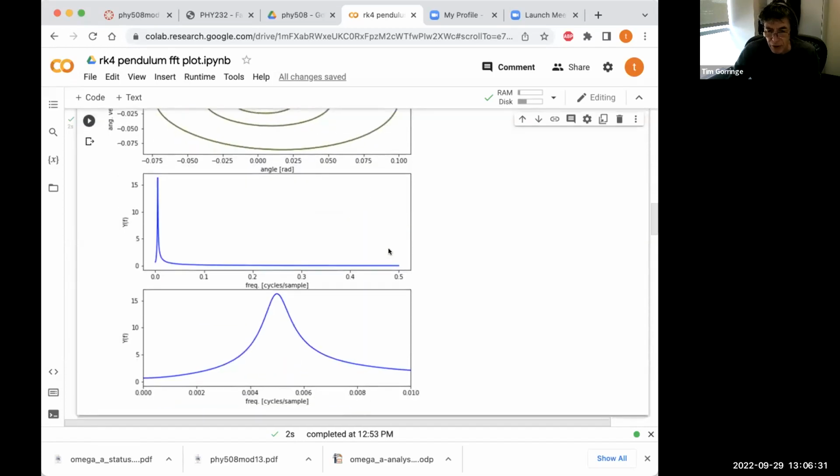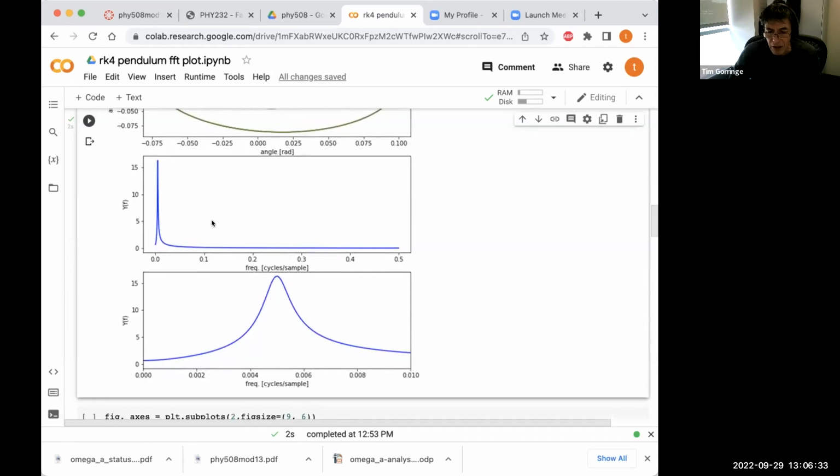The two other plots are the motion of the pendulum in the frequency domain. There's the plot in the middle here, which is the full frequency spectrum, and the lower plot here, which is an expanded frequency spectrum.